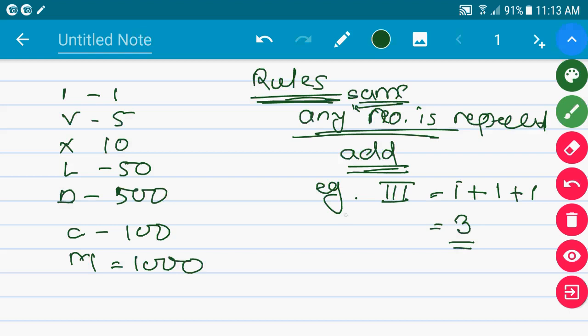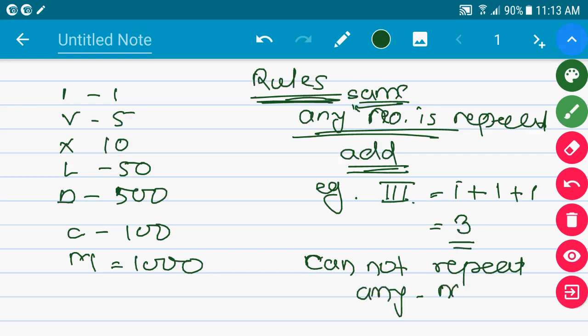Okay. Now the second rule is, we cannot repeat any number more than 3 times. Now what does it mean? First rule is, if any number is repeated, then we have to add that number.